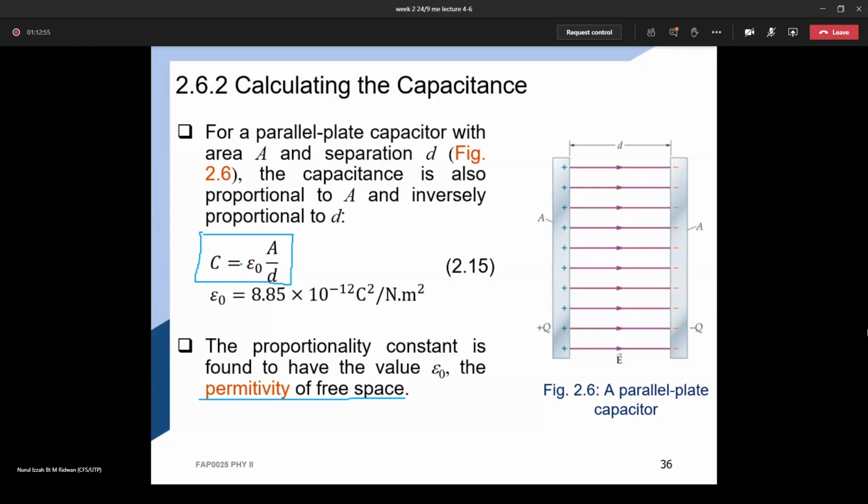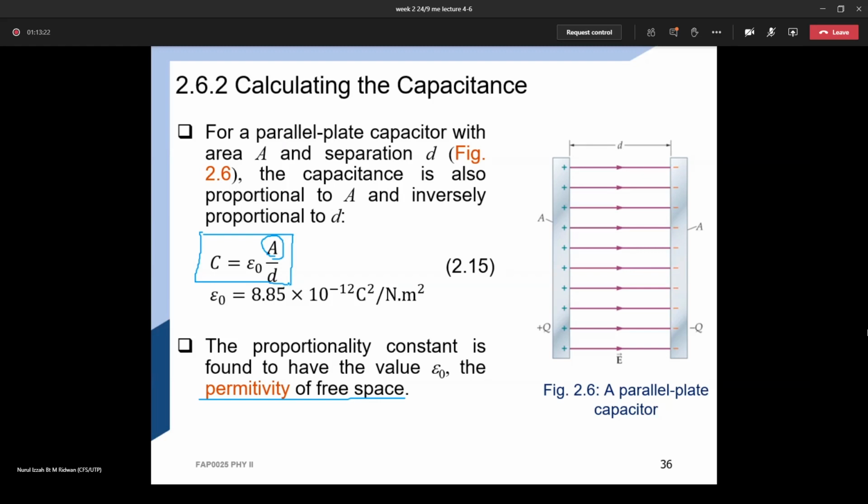So we have C equals E naught A over D. A depends on the type of capacitor, if it is parallel, circle, square, rectangle, or any other shape. And then D is the separation between the two plates. So, like I said, you can do something to make a great capacitor.